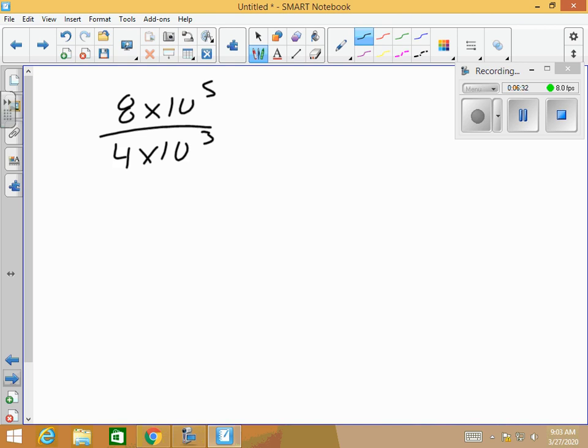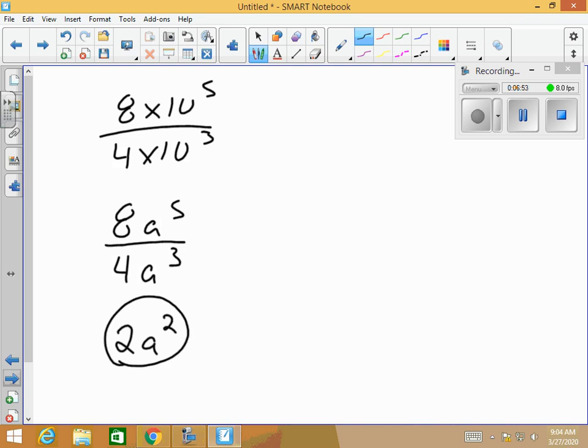Well, if you remember back, this is no different than 8a to the 5th over 4a to the 3rd, where we get 2. I have more a's on top by 2, or we find the difference between them and try to make them positive. So there's my answer, as we've already previously learned how to do this.